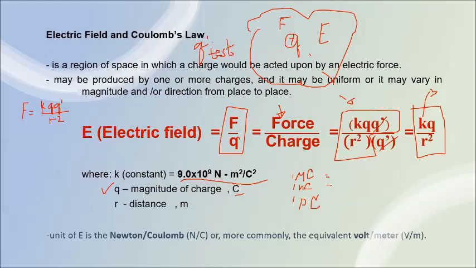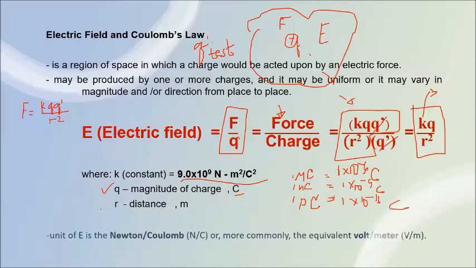So, micro is 1 times 10 to negative 6 coulomb. So, tanggal lang itong micro na change ng 1 to 10 to negative 6. And nano is 1 times 10 to negative 9 coulomb. Pico is 1 times 10 to negative 12 coulomb.